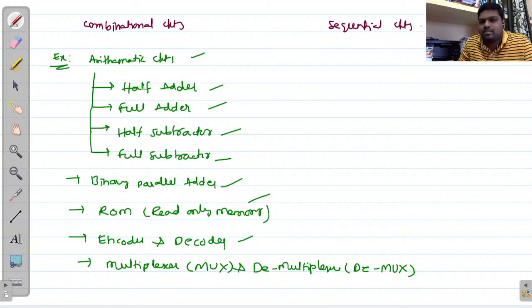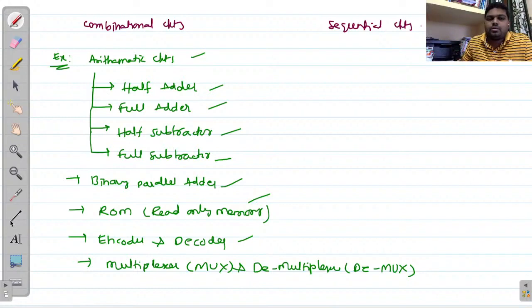Don't call them devices; these are all circuits whose outputs depend on the present input, and they all work with respect to the present state only. That's why we call them combinational circuits. The present output depends on the present input only.